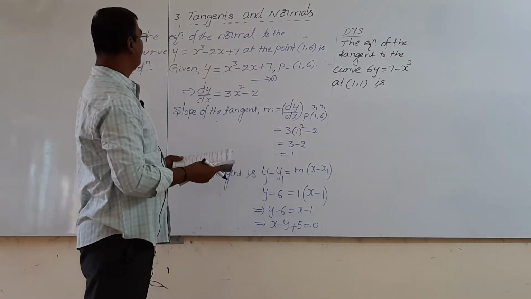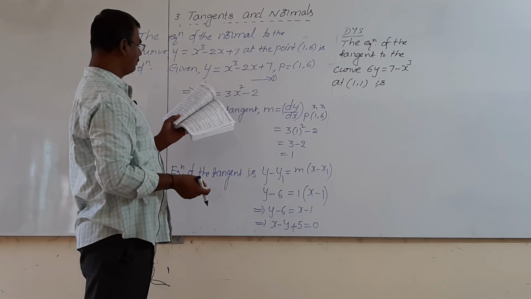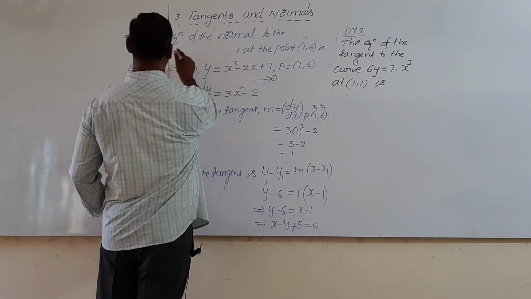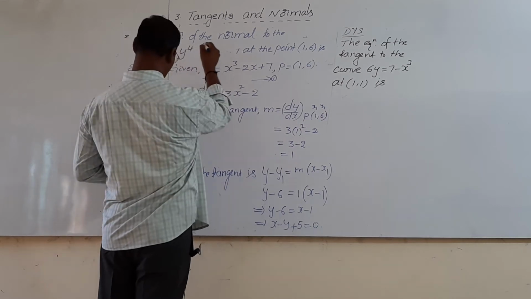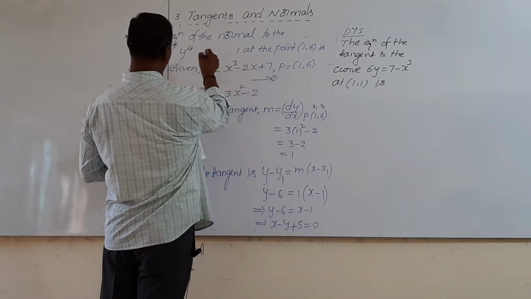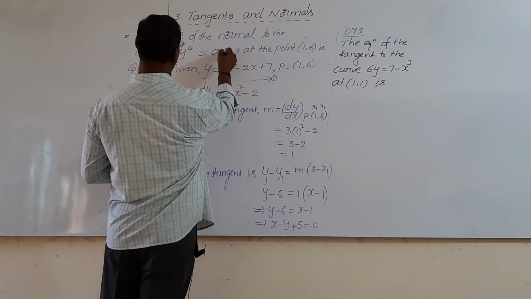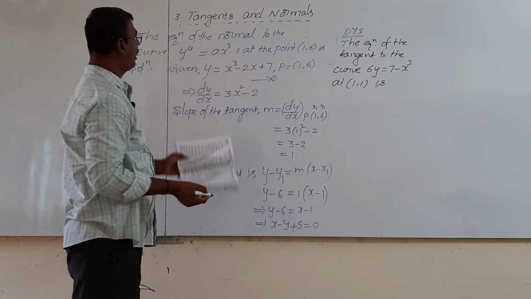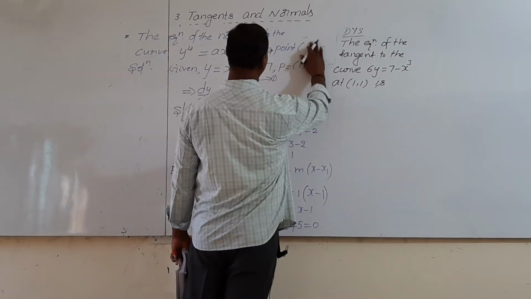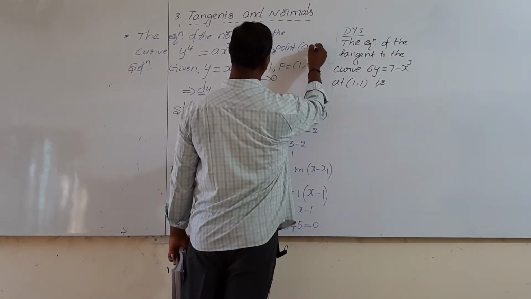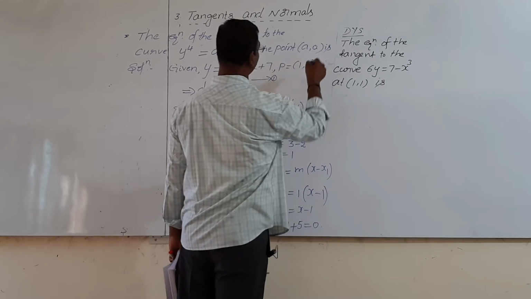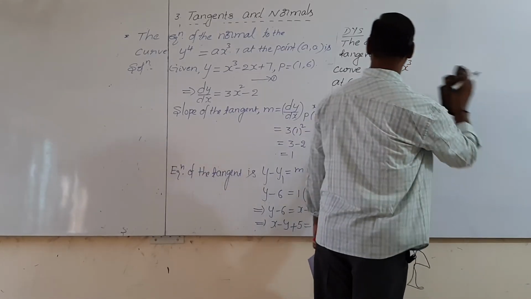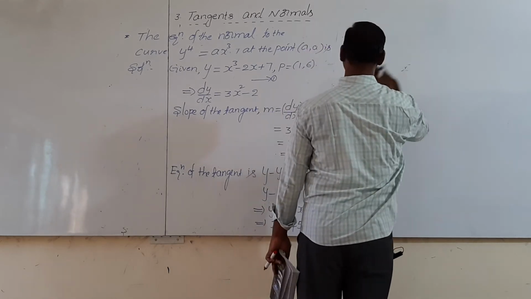Find the equation of the normal to the curve y raised to 4 is equal to a into x raised to 3 at the point (a, a). So at this point, find the equation of the normal.